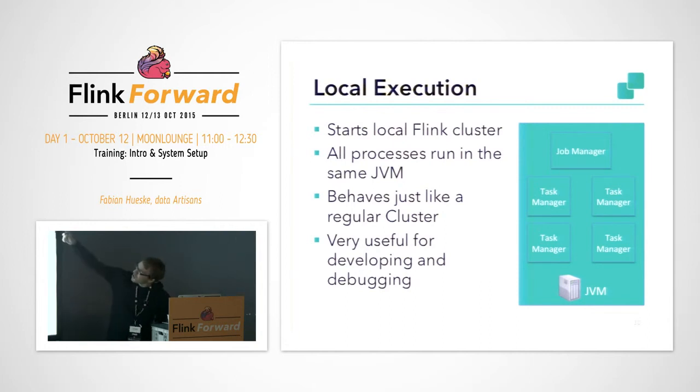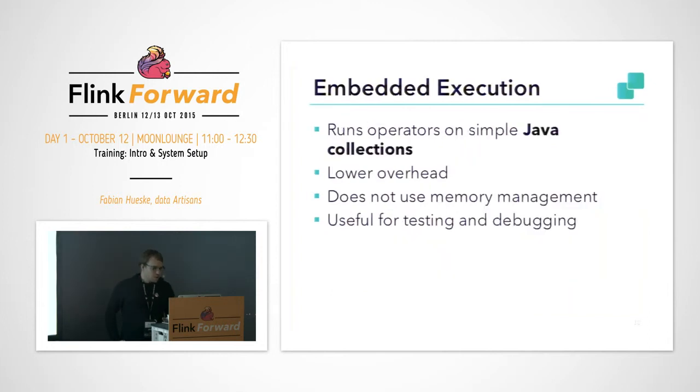So the job manager communicates with the task manager as if they were on different machines. So this is of course very helpful for debugging, because you get a very similar setup as in a distributed setting without having to actually set up a distributed system.